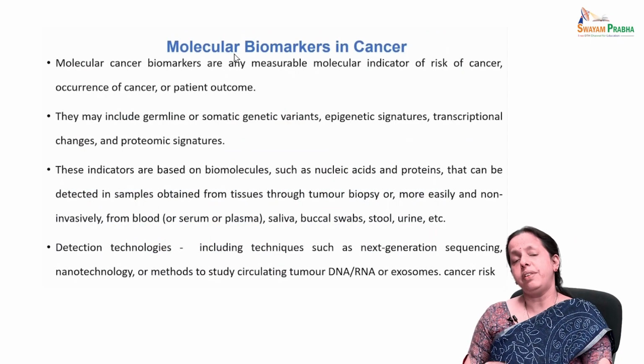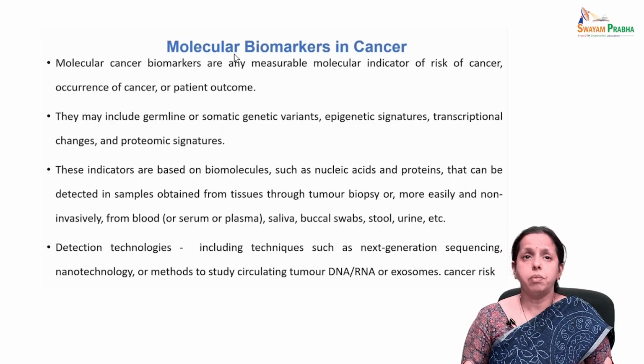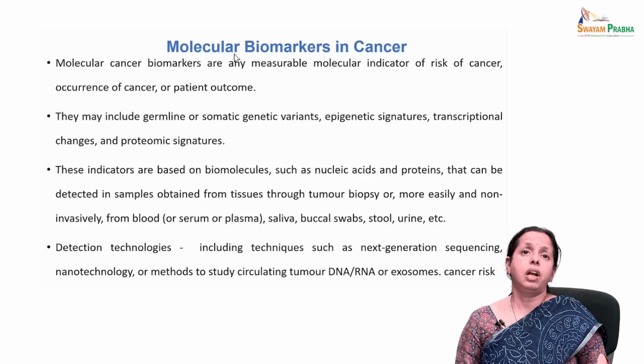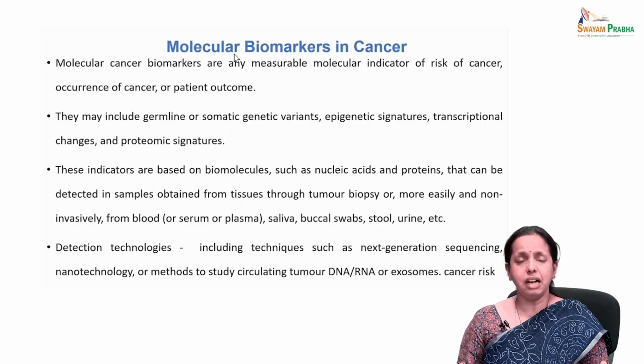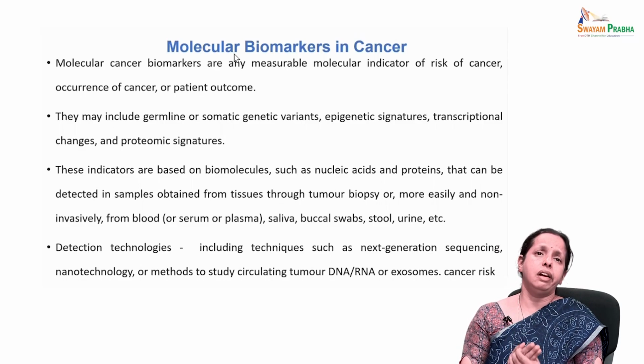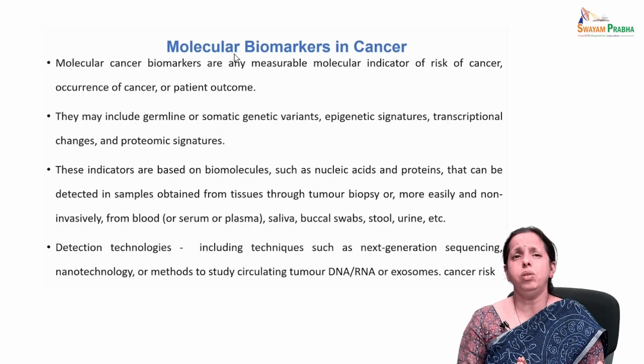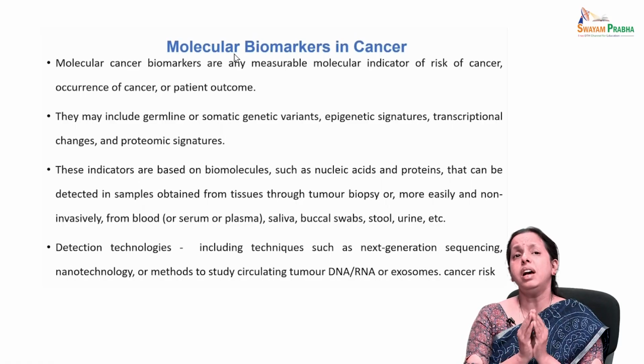Coming back to a very important terminology here: your molecular biomarkers. What exactly are these molecular biomarkers? If you really recollect our basics in cancer biology, everything we are focusing on is a single cell.